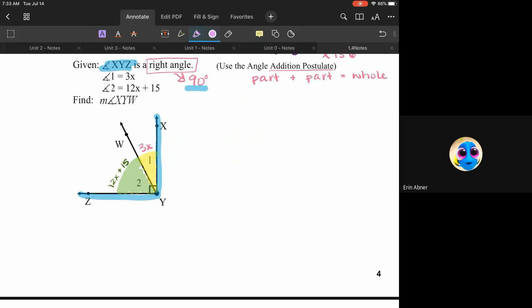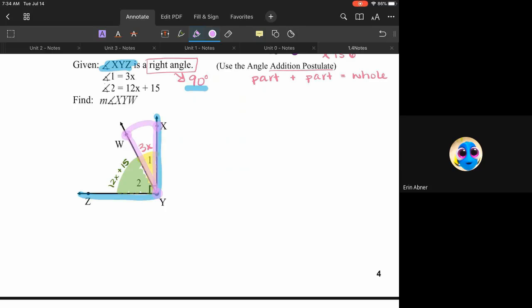They're asking you for the measurement of angle X, Y, W. So they want the measure of this angle. Well, look, that is the same as the yellow piece that we colored in already.